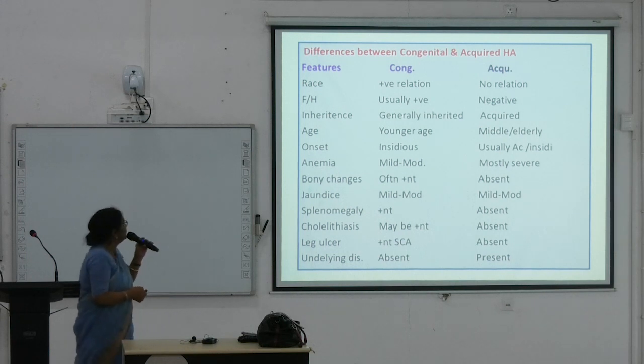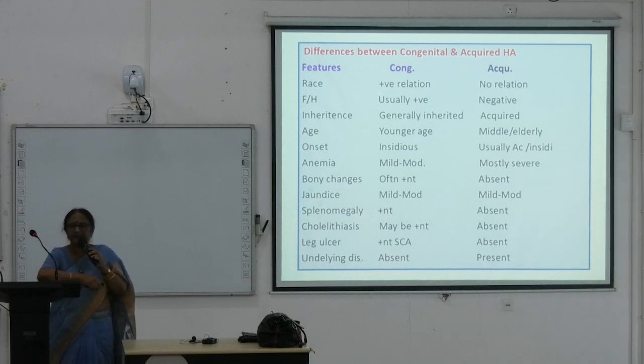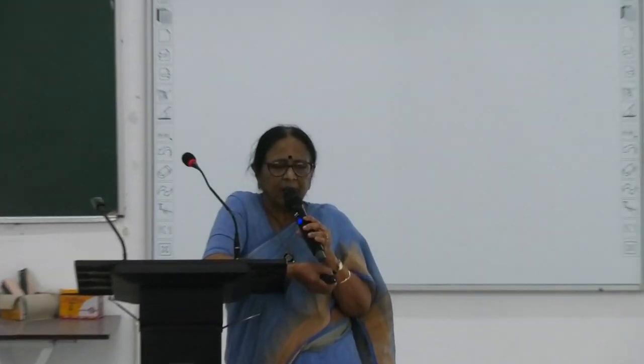Now, between the differences between the congenital and acquired hemolytic anemias, we can go very rapidly through it. The features is race. Often we get there is a racial preponderance for the congenital hemolytic anemia. As it is an inherited disease, it runs in the families, it runs in the genes. So there is definitely, as we can get the sickle cell anemia is prevalent in some areas of our country, and like that.